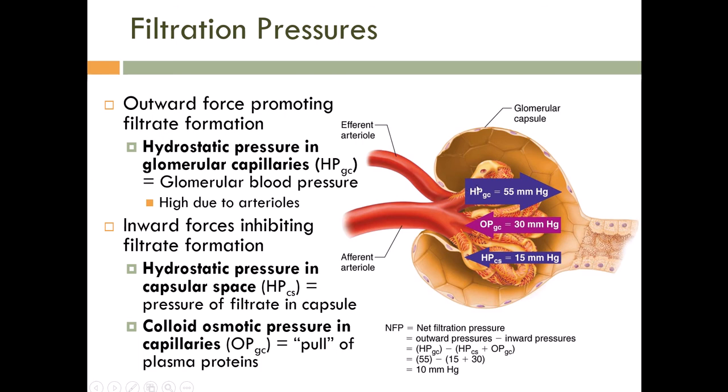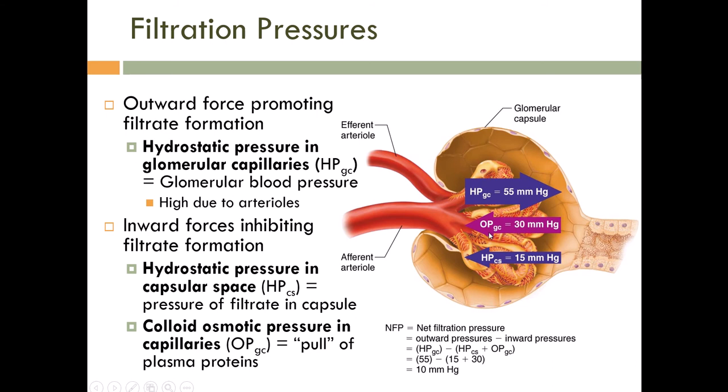That is an outward force, pushing fluids and solutes out of the capillary and into the surrounding Bowman space. As the Bowman's capsule fills up with filtrate, that filtrate exerts its own hydrostatic pressure, water pressure, pushing fluids and solutes back into the glomerular capillary. So that's an inward force.